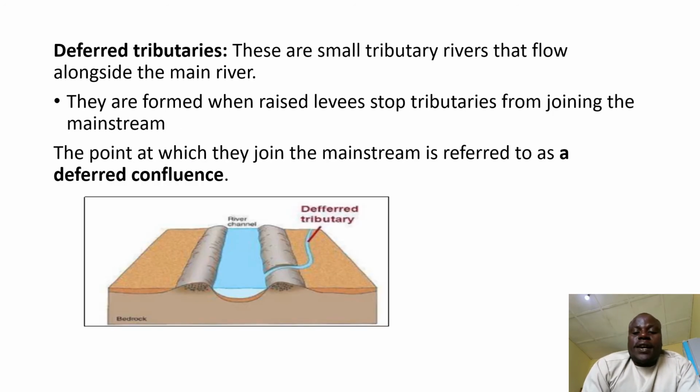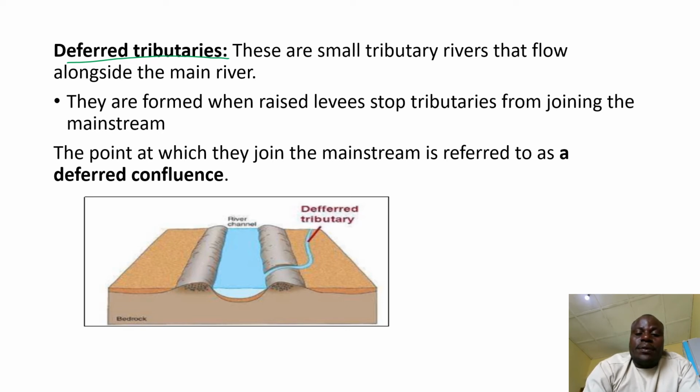We have deferred tributaries. These are smaller tributaries or rivers that flow alongside the main river. They are formed when raised levees stop the tributaries from joining the main stream. And therefore, since they are stopped, they begin flowing alongside the main river.